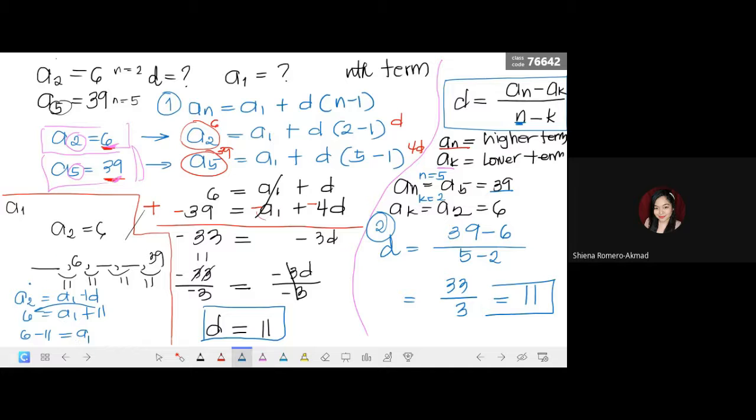Transpose lang, we'll have 6 minus 11 equals A sub 1. O, di ba parang ganun lang din. Yun nga lang, ang difference nito, paano kung malaking term or higher term yung binigay, right? So, we get negative 5 here. And yung end term, alam nyo na, katulad ng kanina, substitute lang natin yung first term and yung difference, you get the end term.